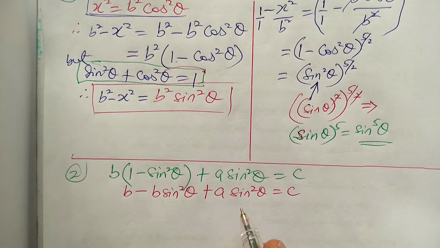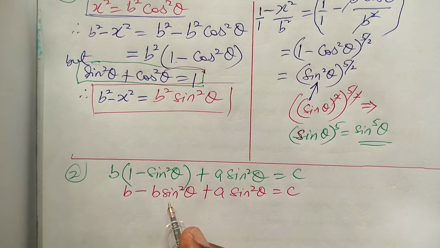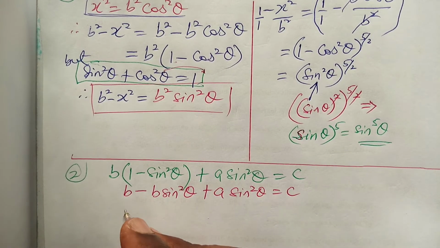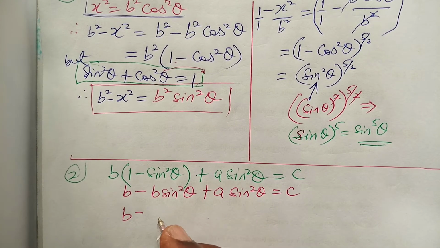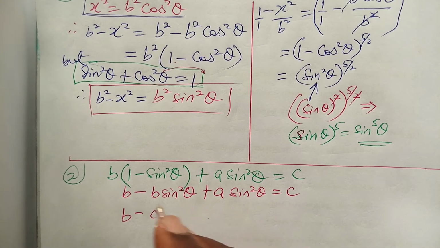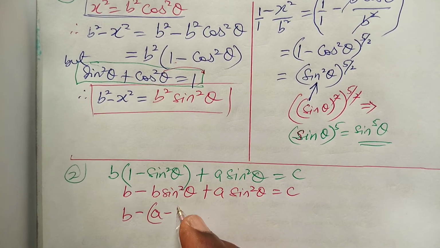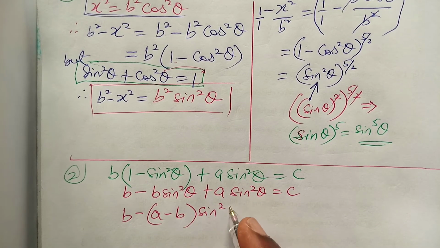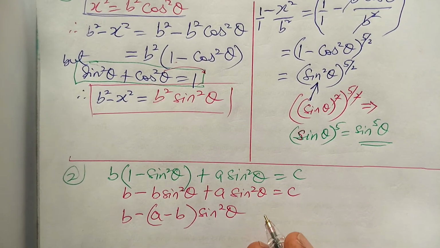Then we factor out sin squared theta: b plus a minus b sin squared theta.